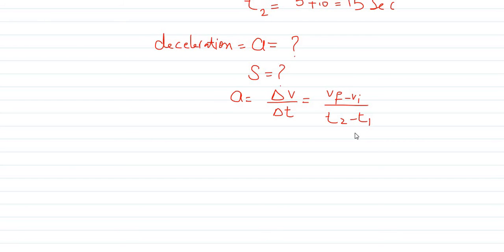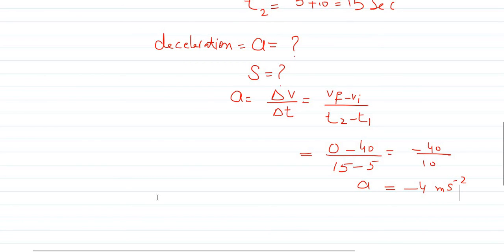Putting the values, we get 0 minus initial velocity 40, divided by t2, that is 15, minus t1, that is 5. Here we get minus 40 divided by 10, and when we divide we get minus 4. The value of acceleration is negative, so this is also called deceleration.